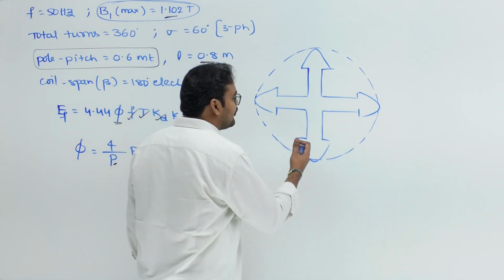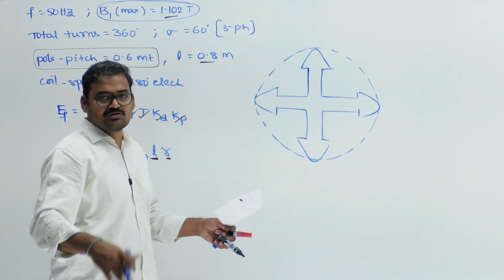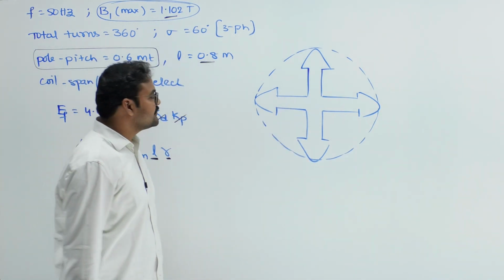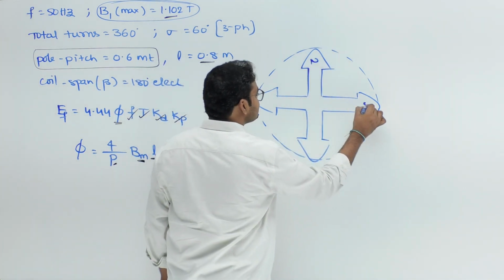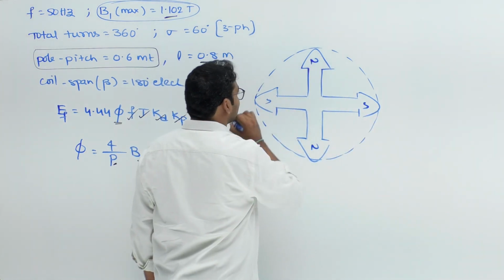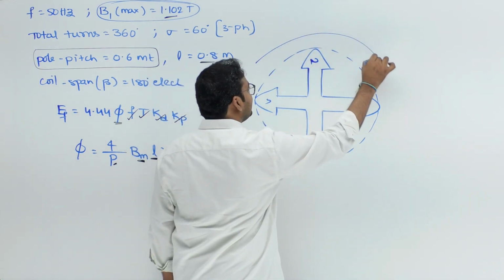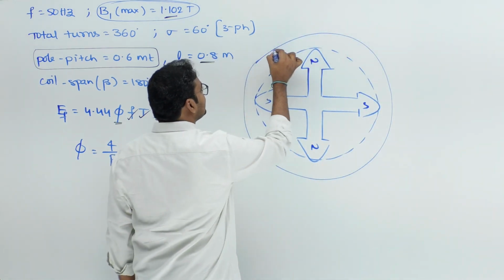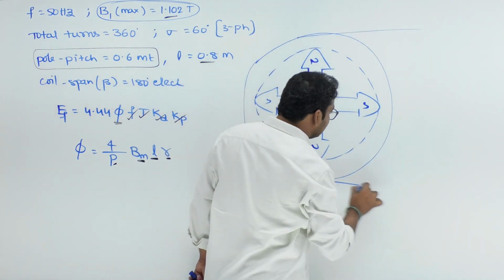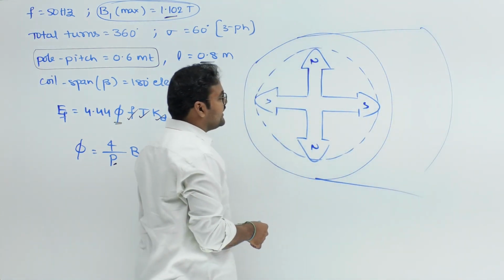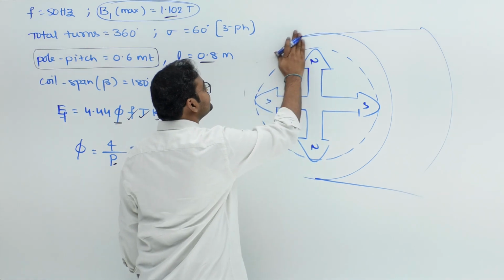I assumed 4 poles. You can assume even 400 poles if you are able to draw the diagram. Now this is north pole, south pole, north pole, south pole. This is the rotor part. Above this rotor, we have a stator magnetic circuit, and overall it looks like a cylindrical circuit. To avoid that confusion, let me remove them.